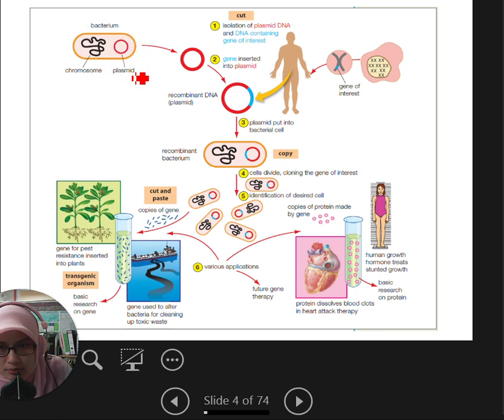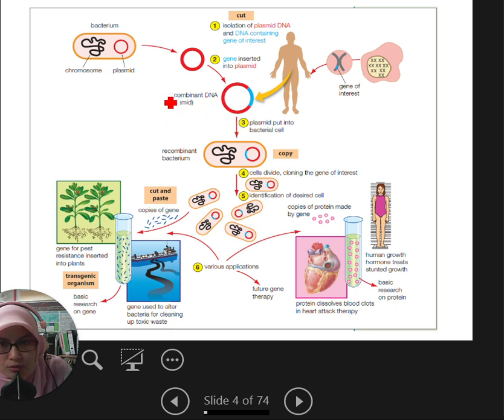The plasmid is something that we, the researchers, can manipulate. You can take the plasmid out of the cell and insert a gene from some other organism and combine it into the plasmid, creating recombinant DNA.